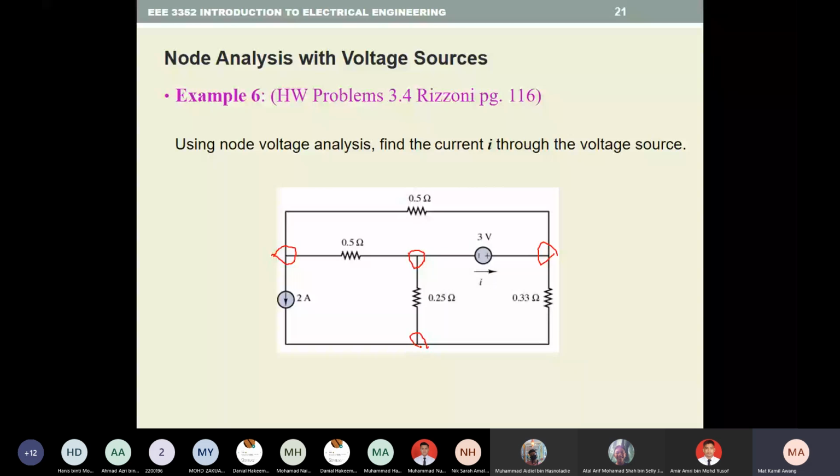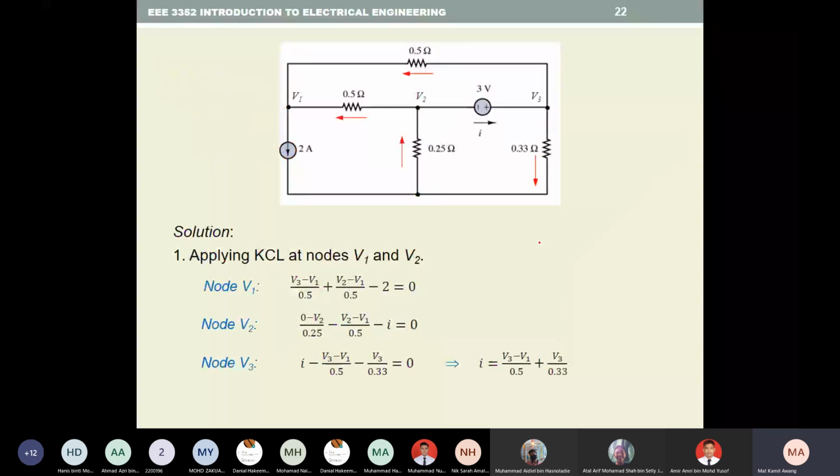You have 4 nodes. Okay. So you call them V1, V2, and V3. And this is the ground. Now you apply the KCL at nodes V1, V2, and V3.